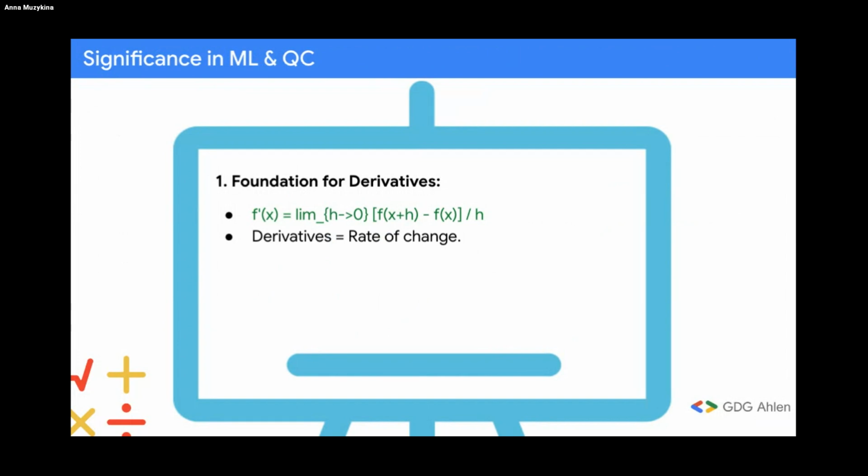The derivative f prime of x, measuring instantaneous change, is defined using the limit: f prime of x equals the limit as h approaches 0 of the quantity f of x plus h minus f of x, all divided by h. Limits are essential for defining derivatives.